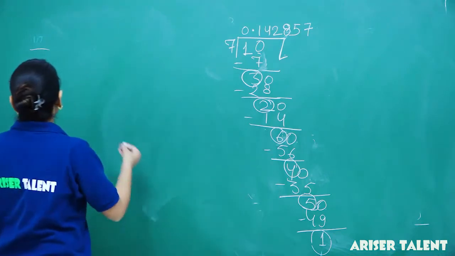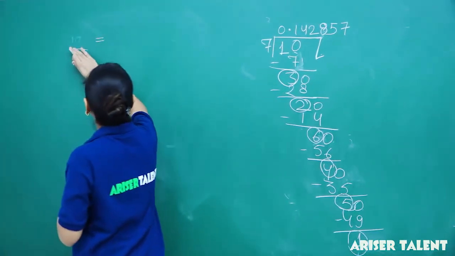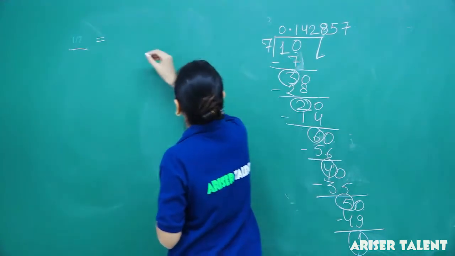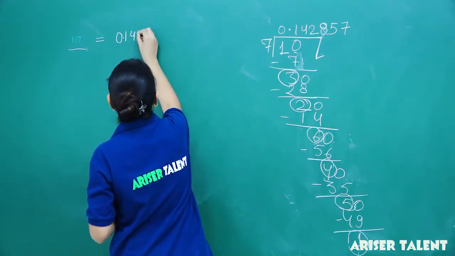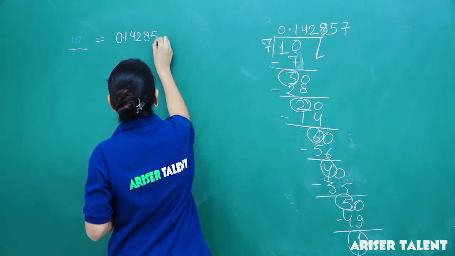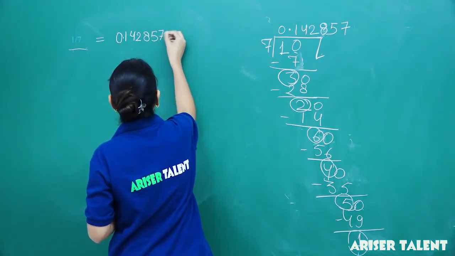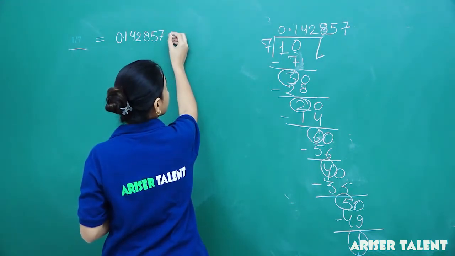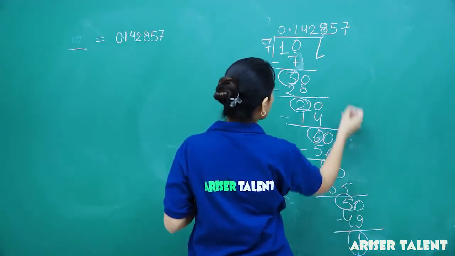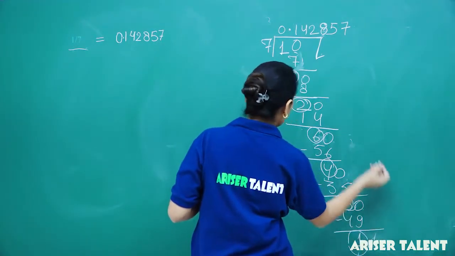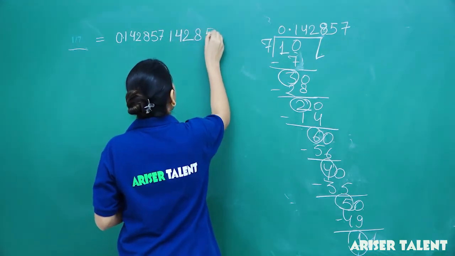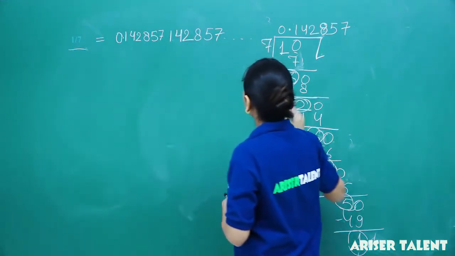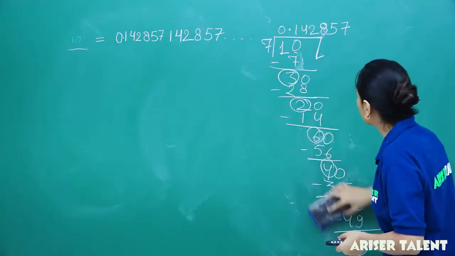So what will be the value of 1 by 7? It will be nothing but 0.142857, then again 1, 4, 2, 8, 5, 7 and continued.